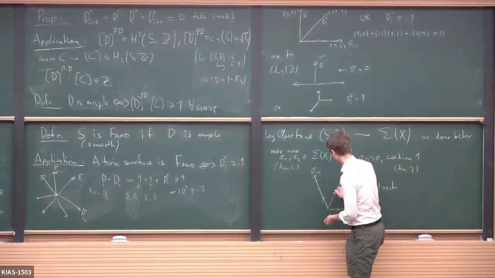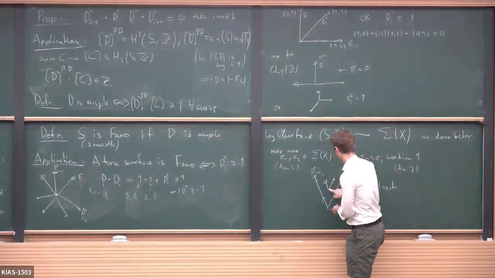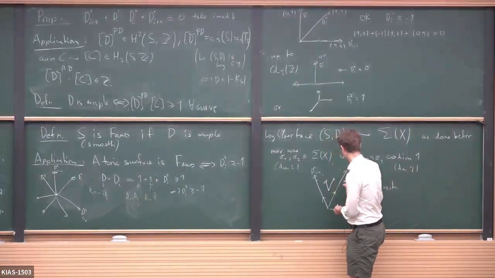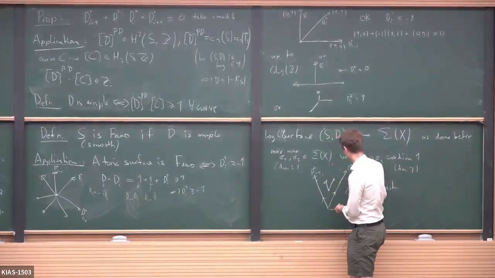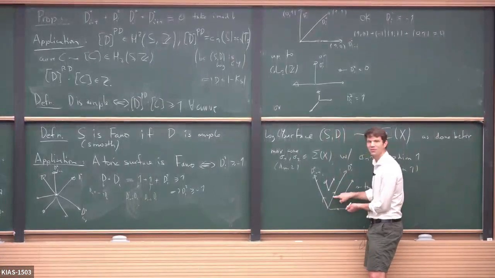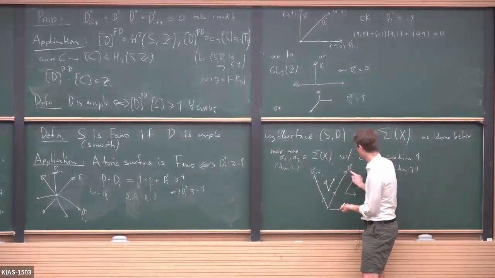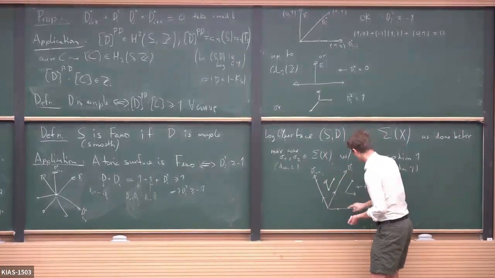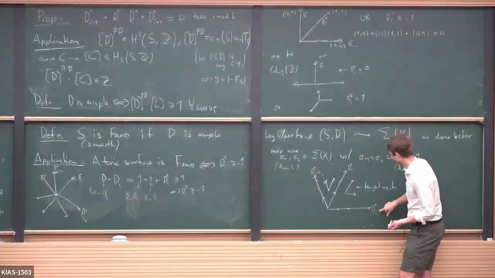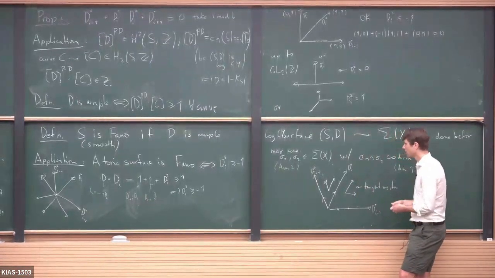So my natural basis here is given by di star, which is a primitive one. In this cone, I have a basis given by di star, di plus 1 star. In this cone, I have a basis given by di minus 1 star and di star.